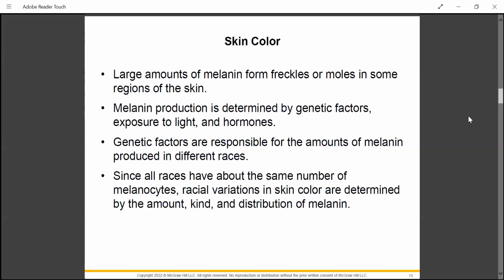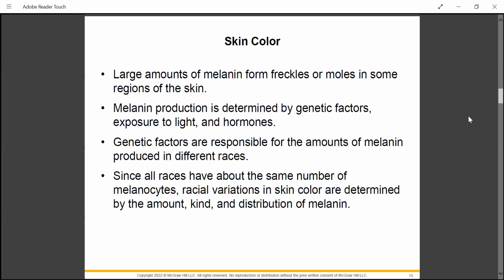So one concept to understand is that almost all races and people have the same number of melanocytes. So we have the same amount of melanin producing cells, but our genetic code and racial variations are determined by the actual amount and pigment of the melanin being produced.